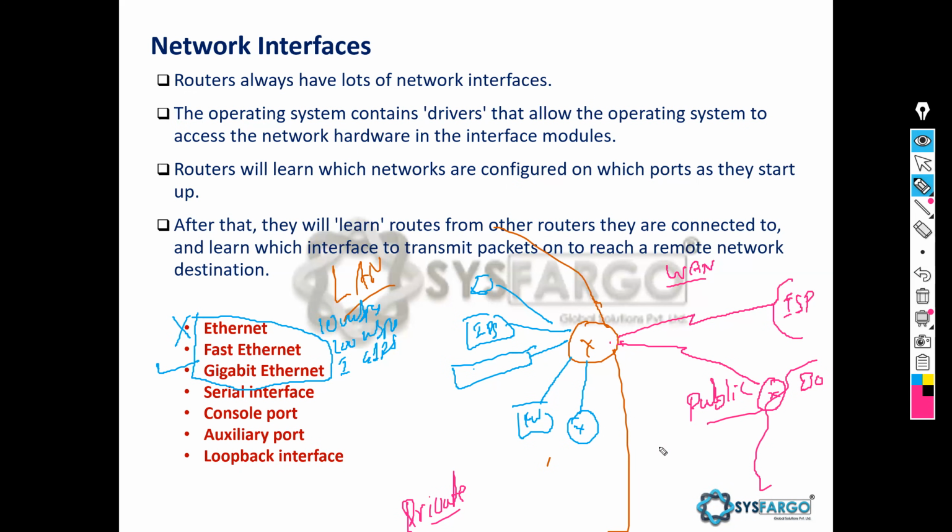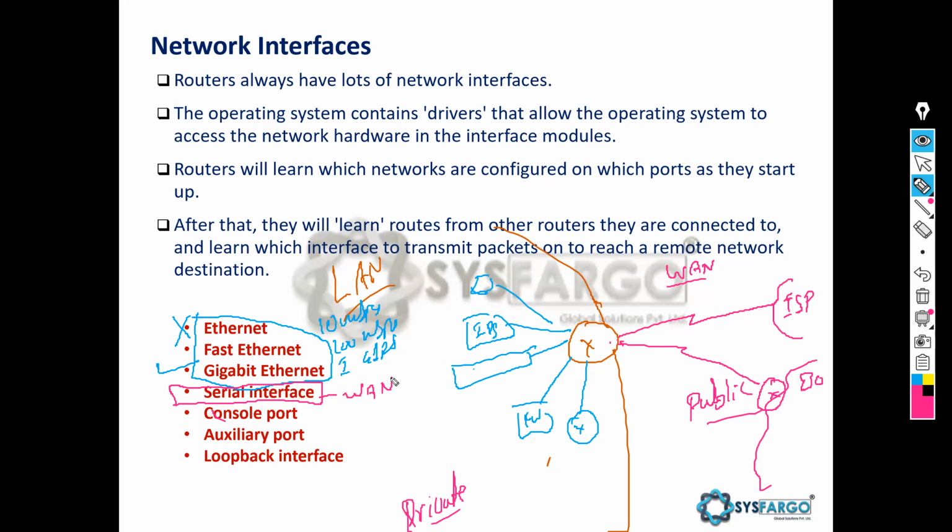To connect this, we use the serial interface. Router to internet, router to branch office, always we use the serial interface. We use it only on the WAN to connect router to router.